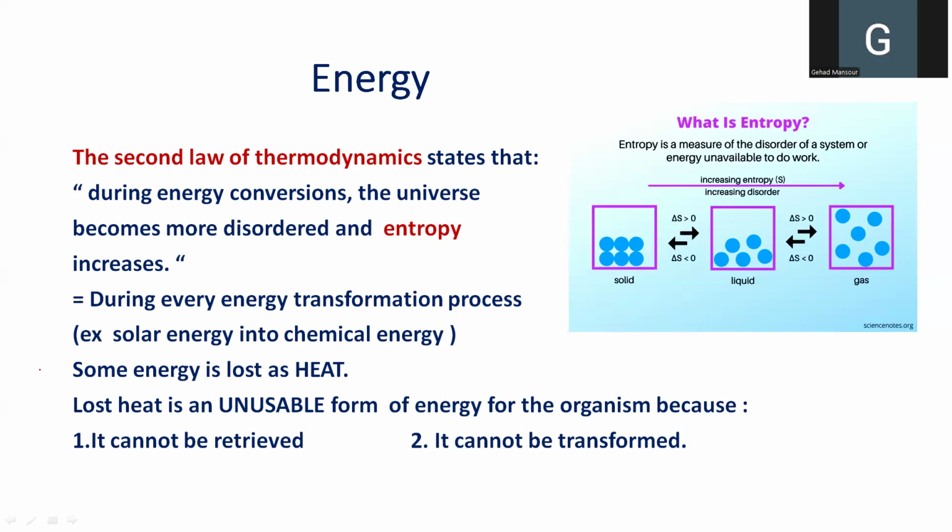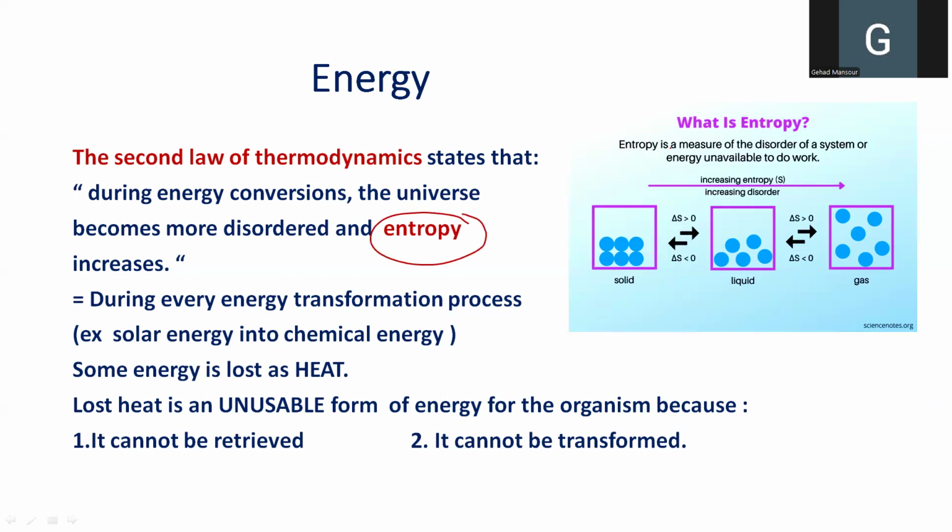Entropy is a measure of the disorder that can occur in a system. Because these energy conversions are related to heat dissipation, and because this heat will increase the kinetic energy of the molecules around the system, this seems to increase disorder in the surrounding environment, and this is what we call entropy.